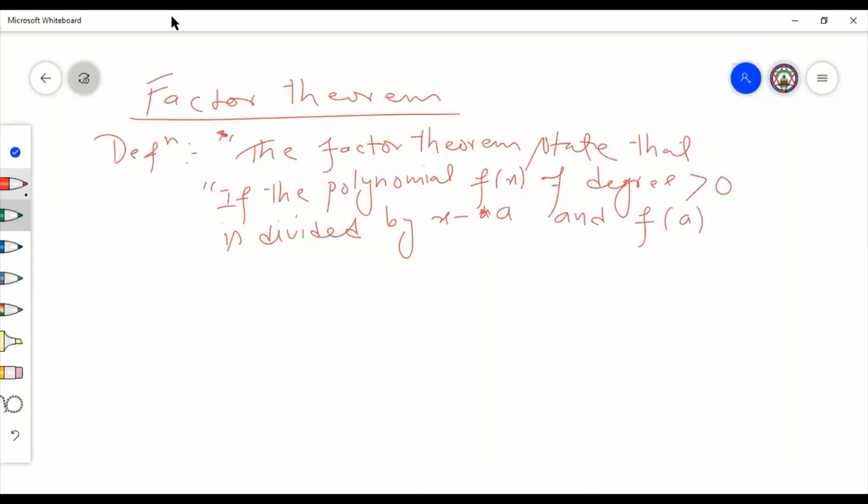and f(a) gives the remainder, isn't it? f(a) must be 0.